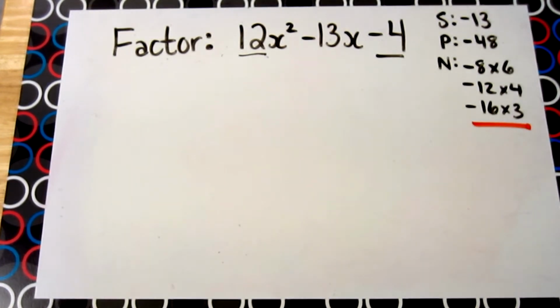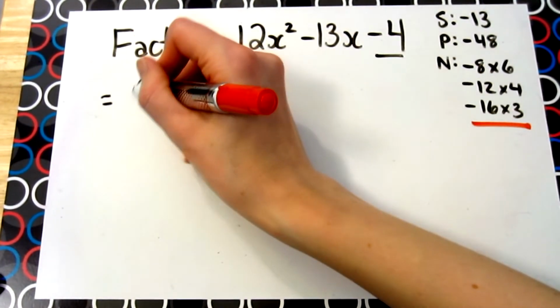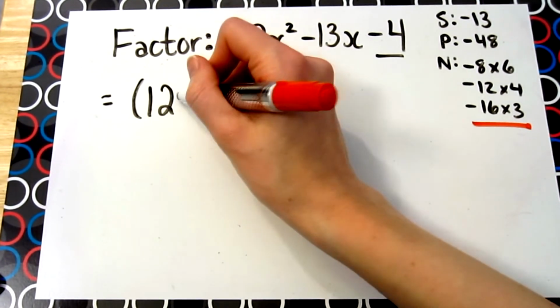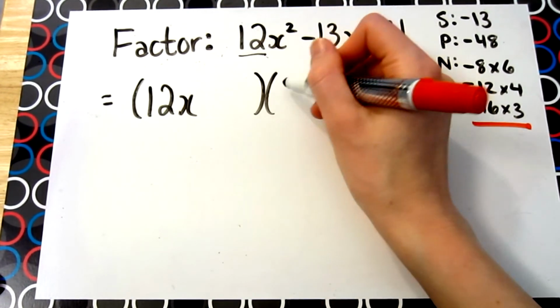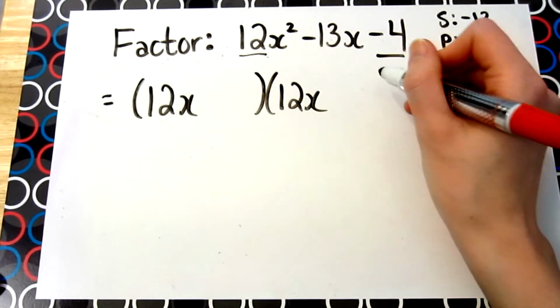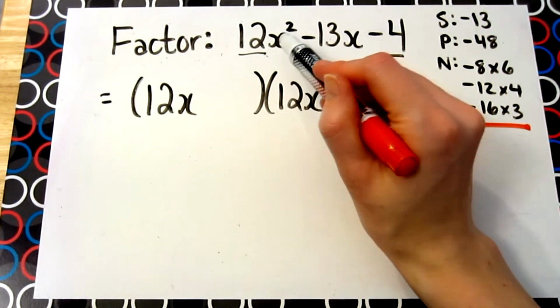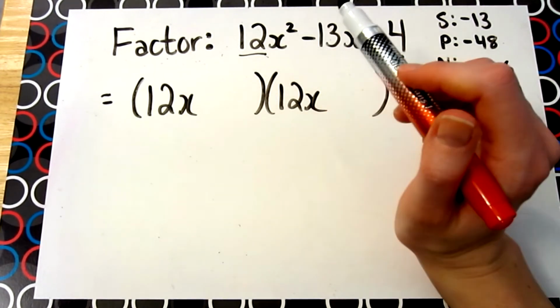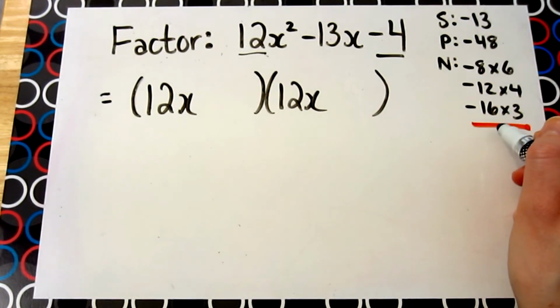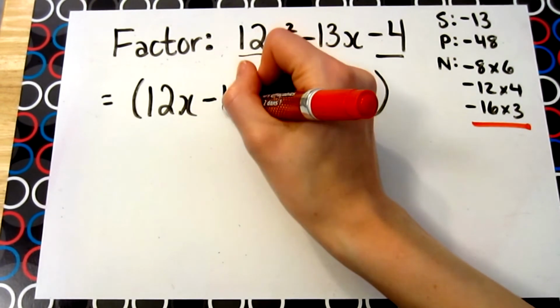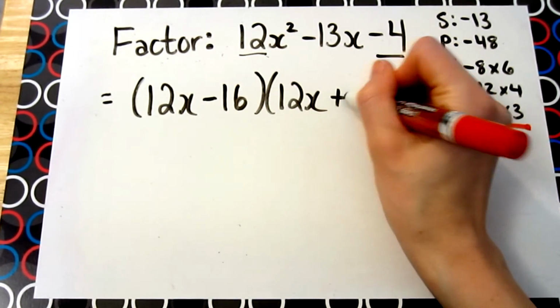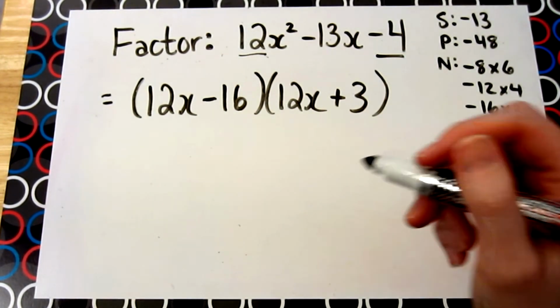Now let's look at the shortcut method. So the shortcut method is to write a 12x in both sets of parentheses to start. Just to reiterate, that is the coefficient of the first term and the square root of the variable of the first term. Next, we're going to take the numbers that we found and include them in both sets of parentheses.